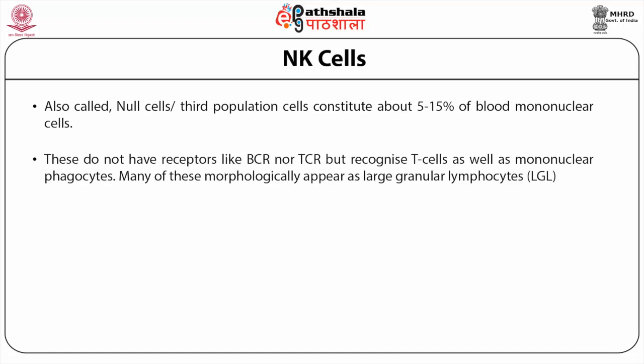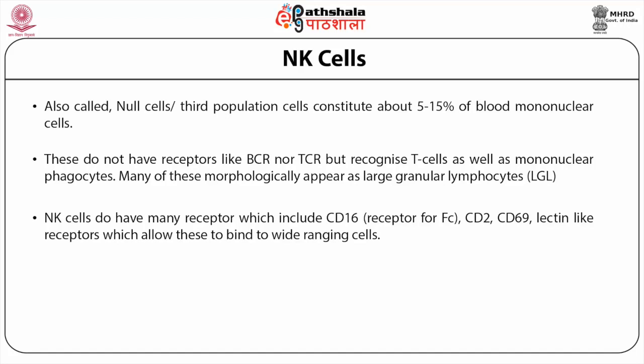These do not have receptors like BCR or TCR, but recognize T cells as well as mononuclear phagocytes. Many of these morphologically appear as large granular lymphocytes, sometimes simply referred to as LGLs.